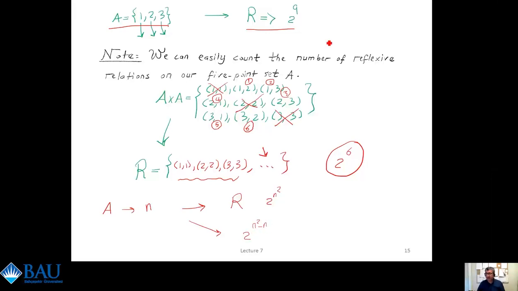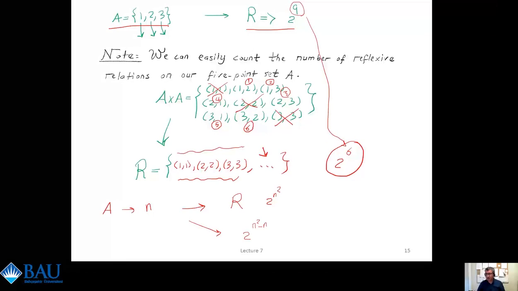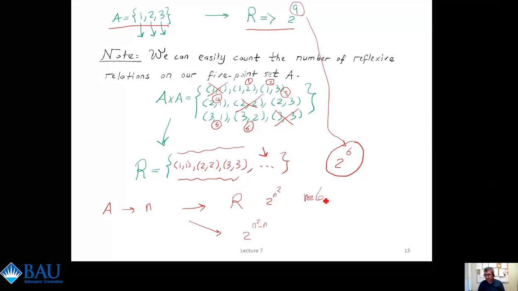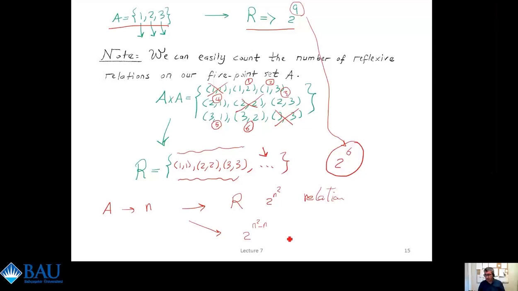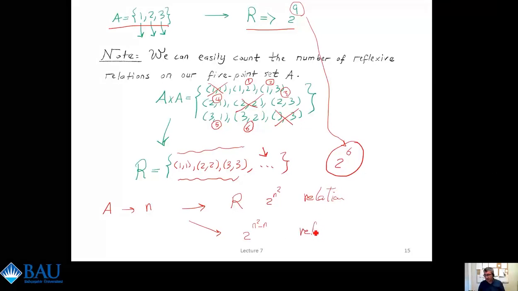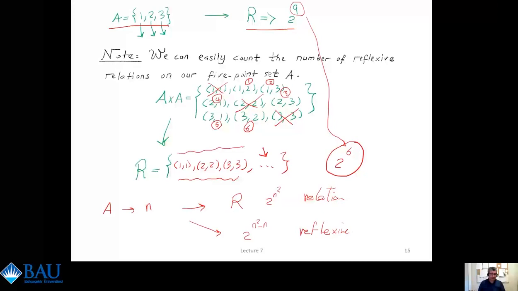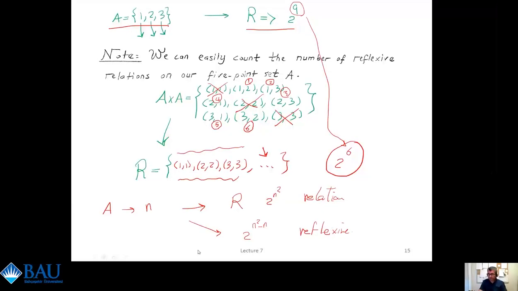Look at it here: we have 6 elements, and we use 3 of them. The rest is 2 to the power 6. So this much is the number of relations, and this much is the number of reflexive relations. Let us erase this page and see the slide.